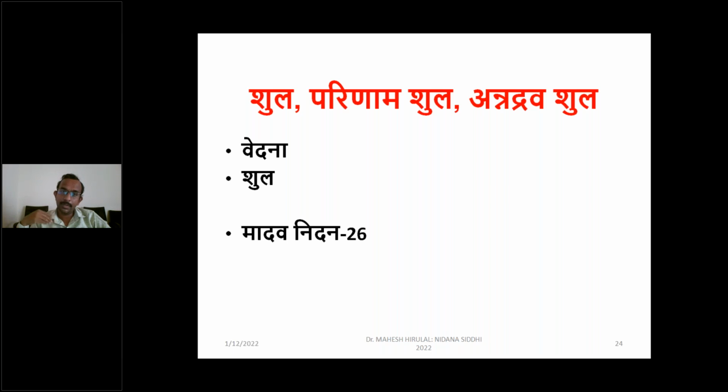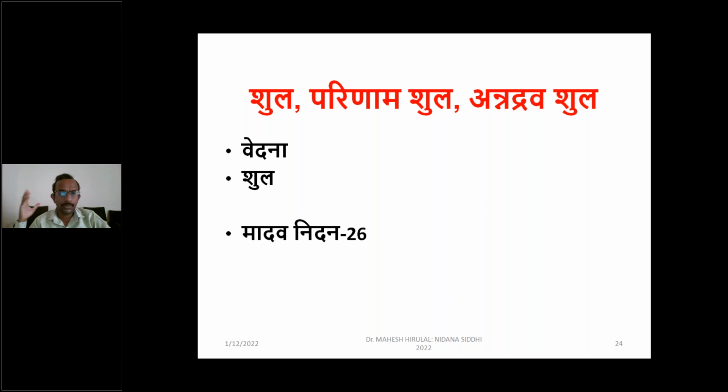If it became chronic, then it is a Gulma with the Paripindatvat, and if it is a simple Shula, then next we'll see what the Parinama Shula and the Annadrava Shula are. Madhavakara has given in detail about the Shula, Parinama Shula, and Annadrava Shula.